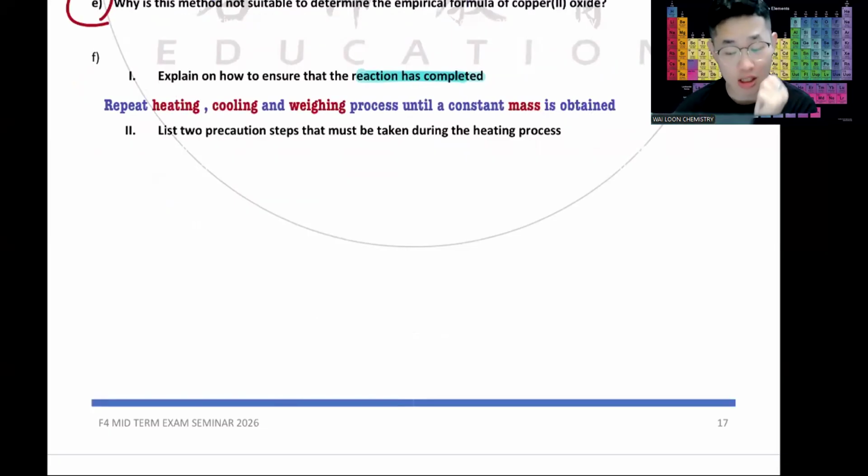If you forgot some of the keywords and try to make your own sentence, very sad to say, most of the time your answer will be wrong.